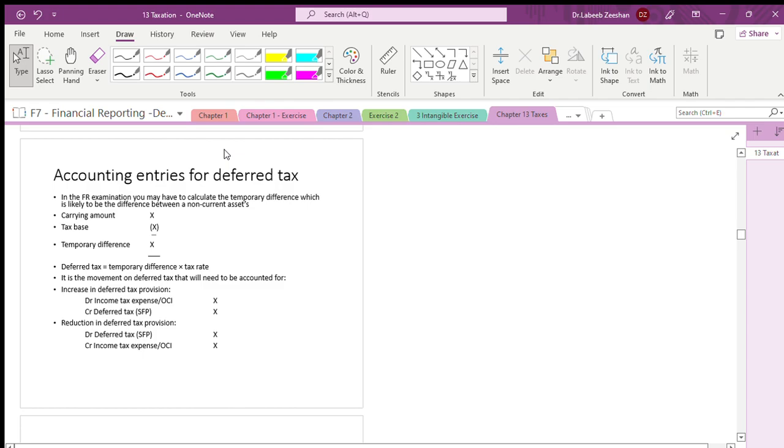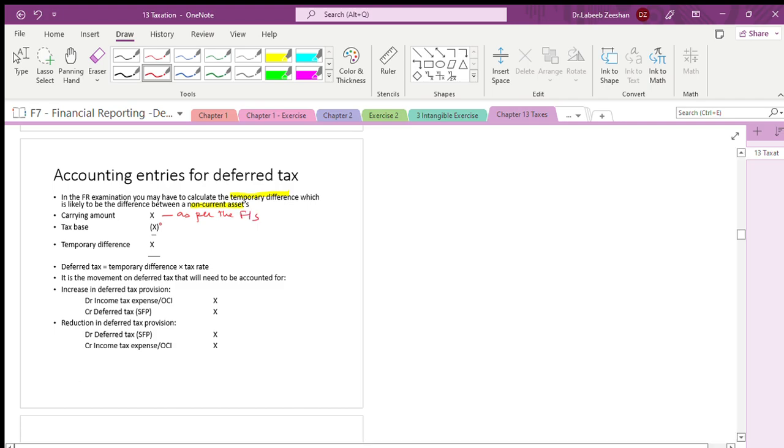In the examination, you have to calculate the temporary difference only. We have to calculate the temporary difference, which is likely the difference between the non-current assets. We are talking about the carrying amount. The carrying amount is nothing but the amount as per the financial statements.